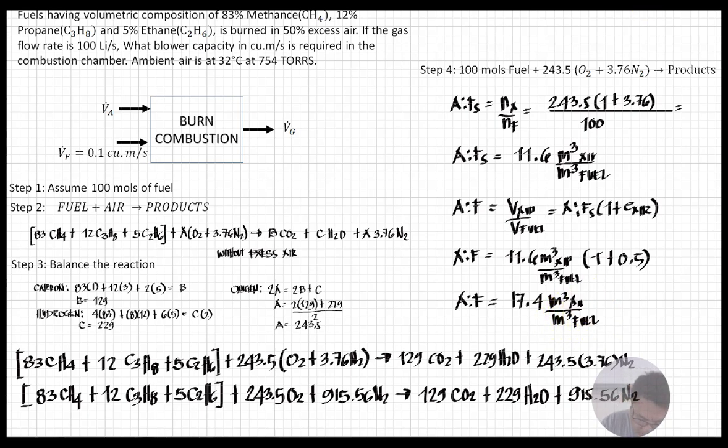Now the question in the problem is what blower capacity in cubic meter per second is required in the combustion chamber. Taking note that here we have volume of air and also volume of your fuel, we can rewrite this as volume of your air divided by 0.1, which is the volume of your fuel being supplied.